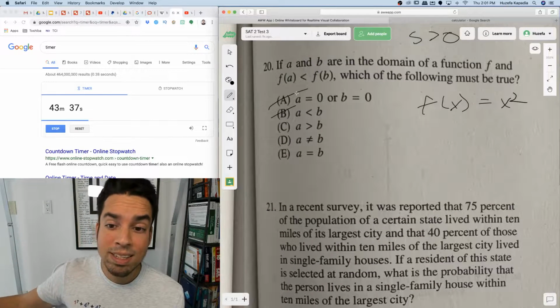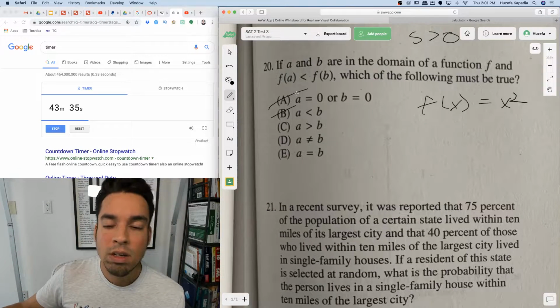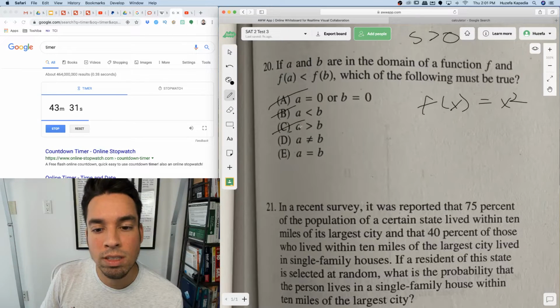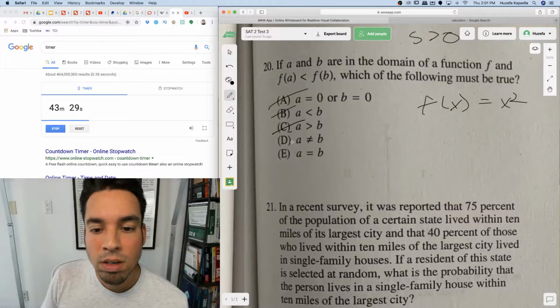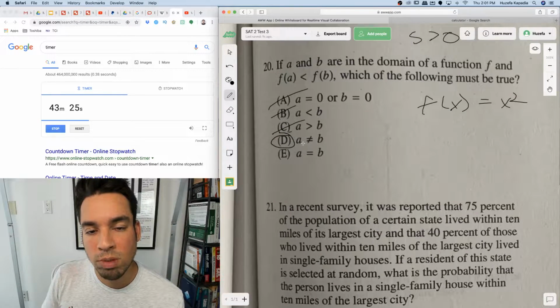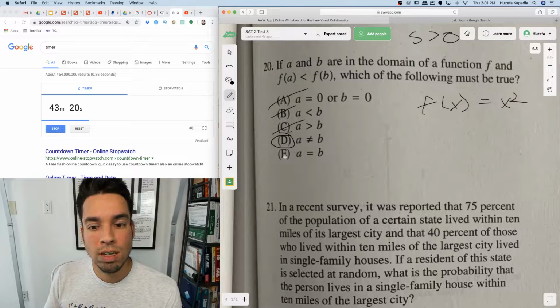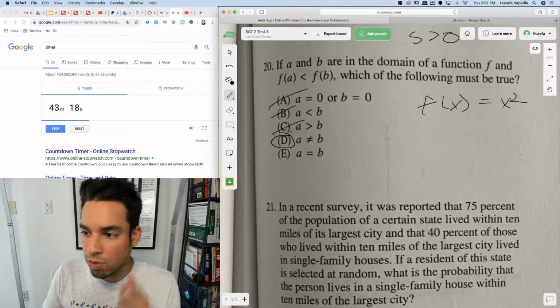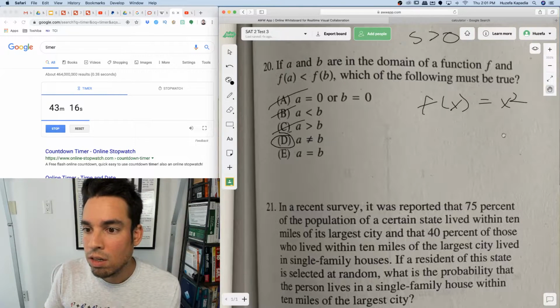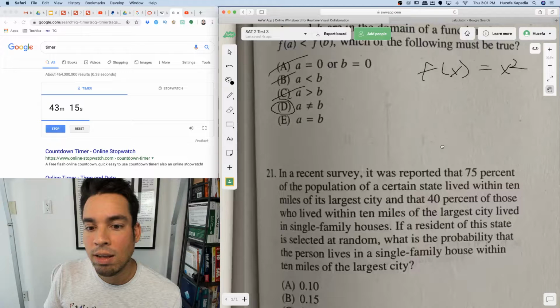I could say b is -10 and a is 1, and then b is smaller than a. So look, this can't be true either, because I could do the flip. I'd say this is true. This is the only one that's true, because if it's a function, you can't have the same x value give you two different y values, and that's what that would be saying. So that one has to be true, that they cannot be equal.